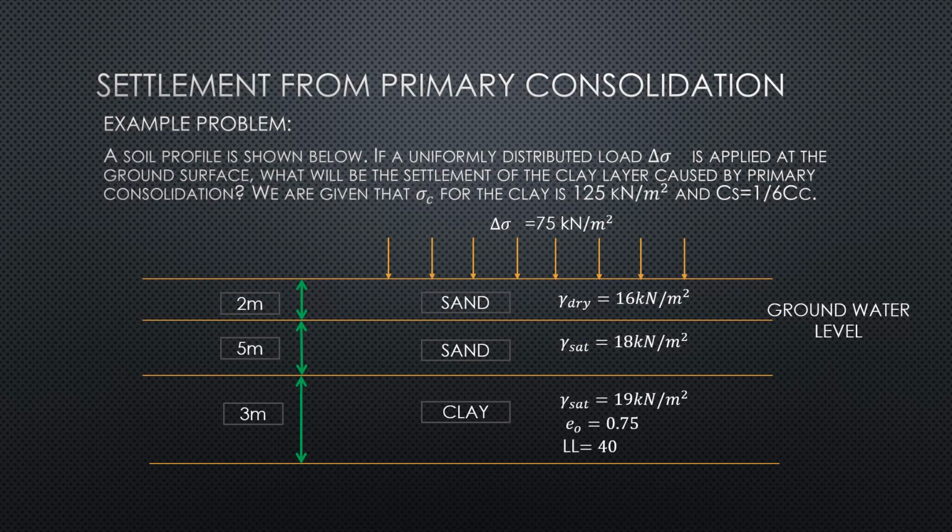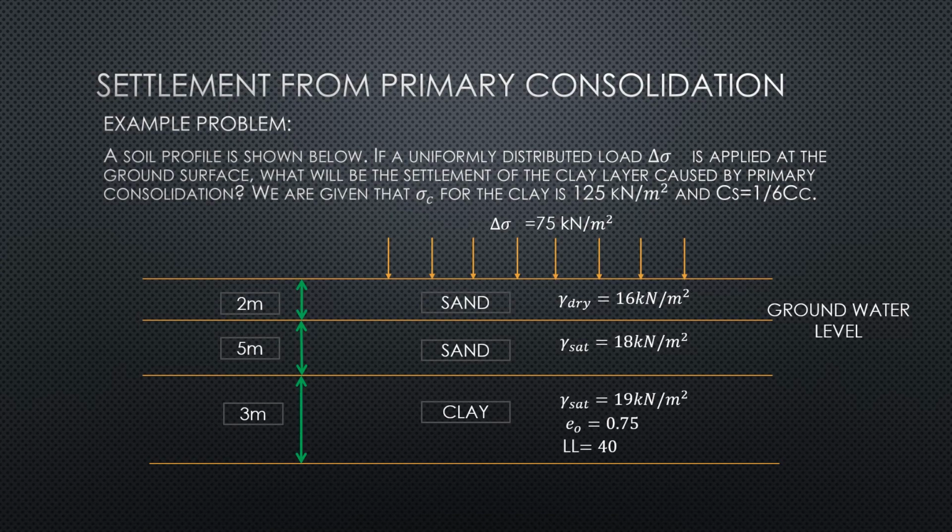So the first layer of the soil strata will be sand, but it's dry. From the natural ground level, going down 2 meters will be sand, but it's dry, with a unit weight of 16 kilonewton per cubic meter. And the second layer of the strata will also be sand, but the depth will be 5 meters, and it's already saturated because it is located below the groundwater level.